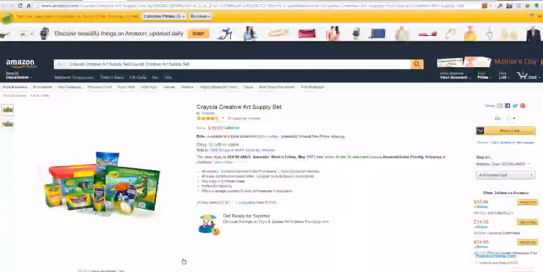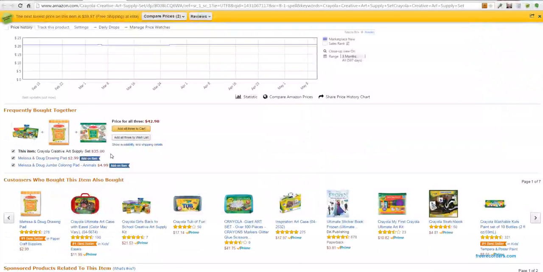I would rather have more bundles to purchase than individual items. But I know that this is new for you, so I would like you to look for individual items. But when you look for individual items, I'd like you to scroll and have a look at the frequently bought together and see if you can find bundle opportunities.